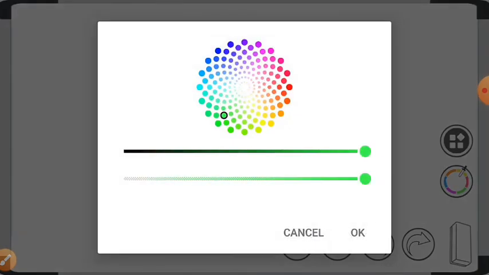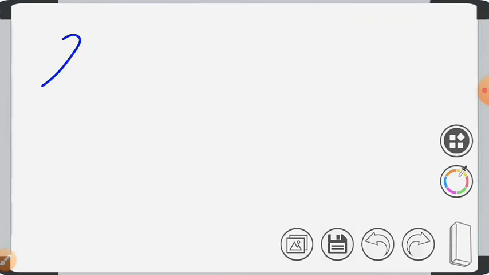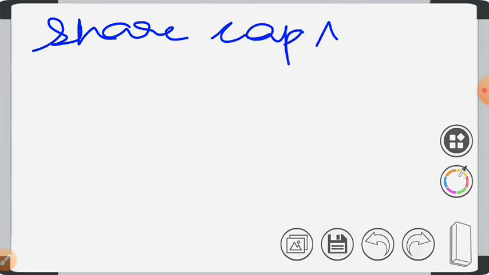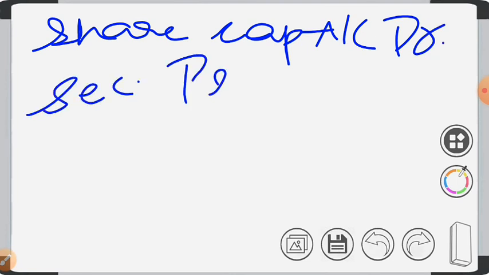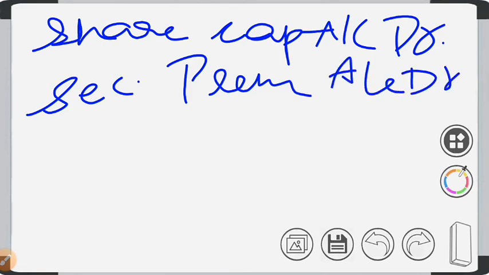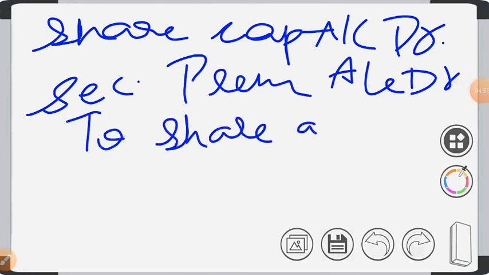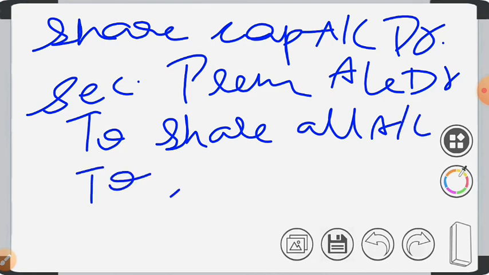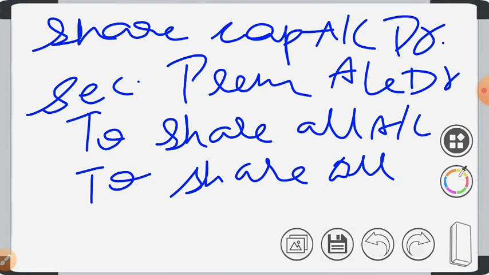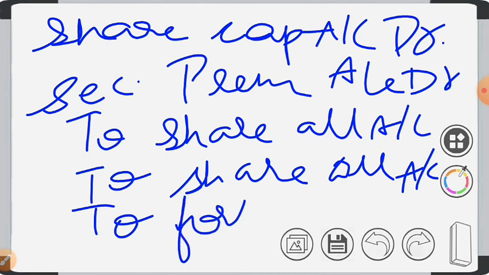So in the case of premium not received, the entry would be: share capital account debited, securities premium account debited, to share allotment when it is not received, to share call account when it is not received, to forfeited share account.